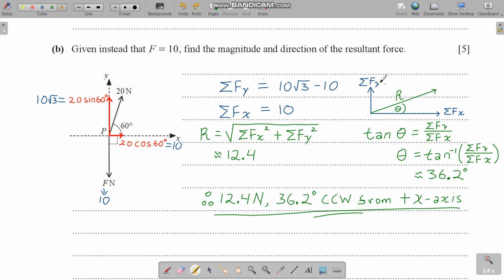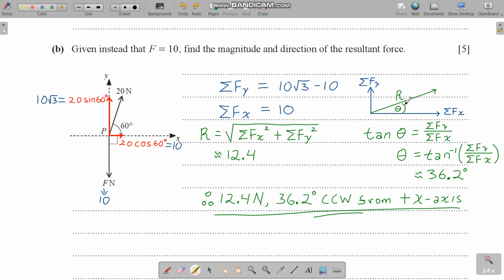So the resultant would be upwards from here and to the right, which is this. The resultant is found using Pythagoras, so this is the 10 root 3 minus 10, this is the 10, and using Pythagoras, square root of d squared plus d squared, use a calculator, we get this.